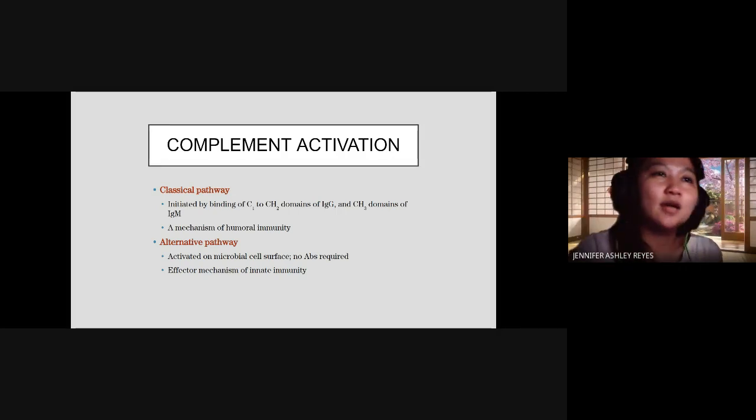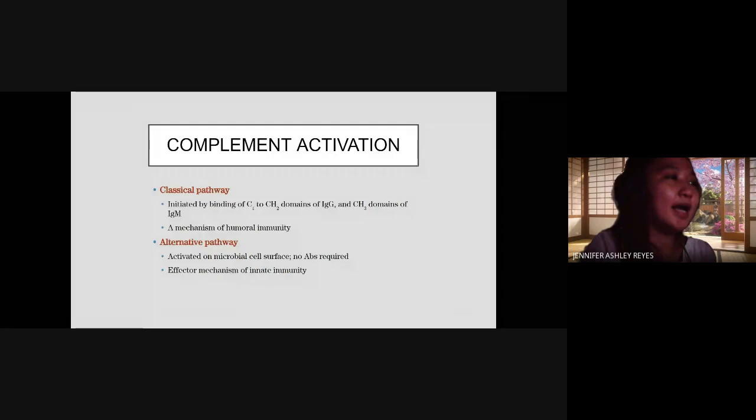So, dito nakalagay, initiated daw by binding C1 to CH2 domains of IgG and CH3 domains of IgM. So, this is considered a mechanism of your humoral immunity.